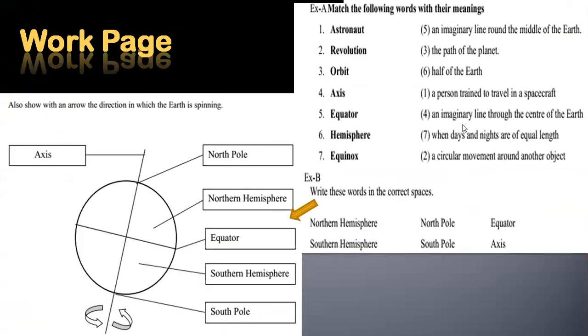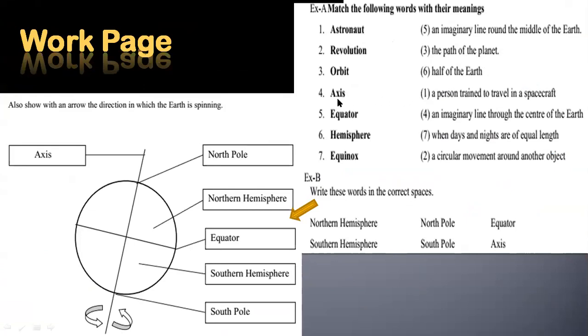These are the answers. See this one in a good way. I repeat, astronaut, a person trained to travel in a spacecraft. Second one, revolution, a circular movement around another object. Third one, orbit, the path of the planet.